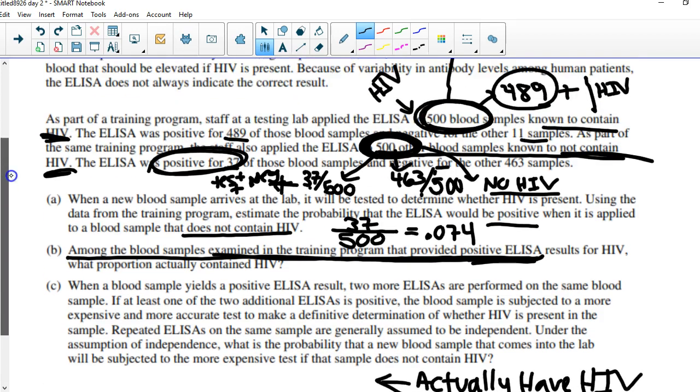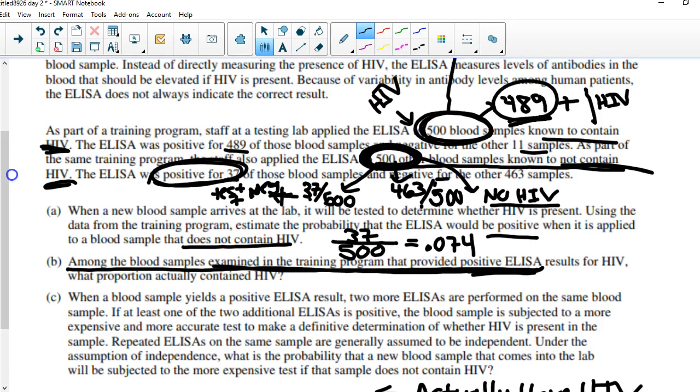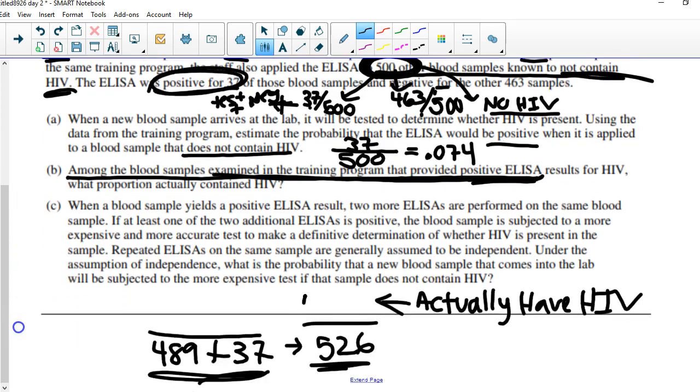Well, scroll up, this 489, they're the people who actually have HIV. So we put 489 up here, and that's my answer, 489 over 526. You can leave it as a fraction, or you can write it as a decimal, which is 0.9297.